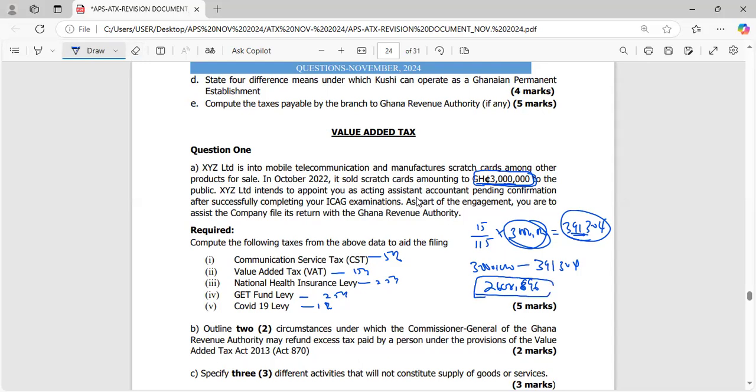The levies and everything is here. The levies, the communication service tax, everything is in this value.